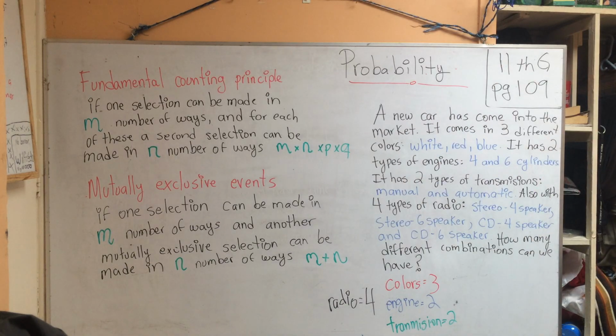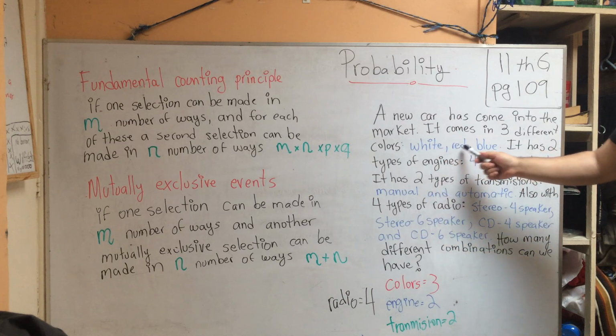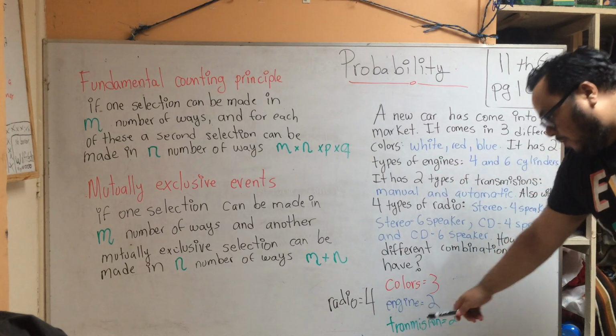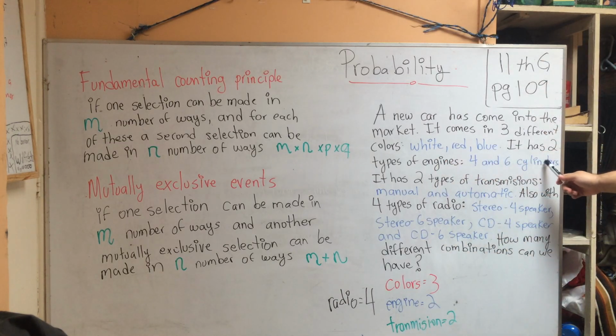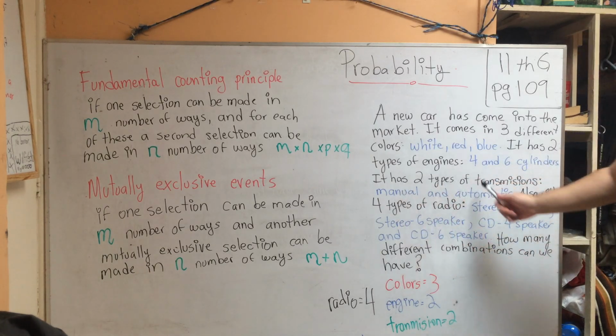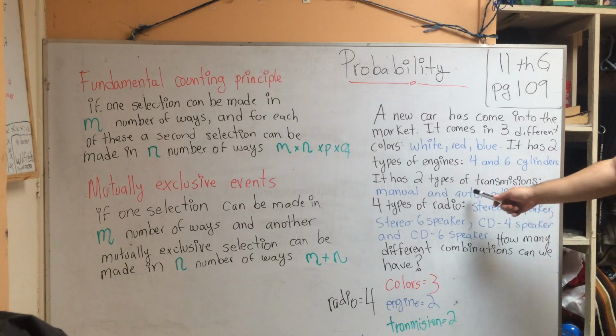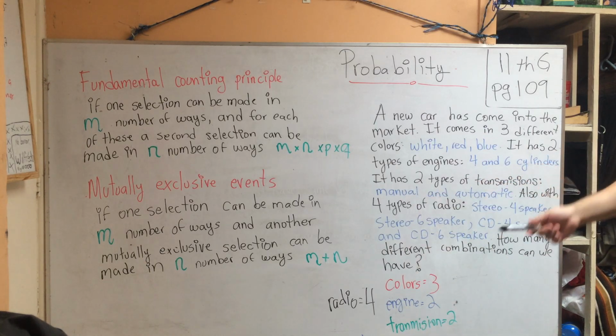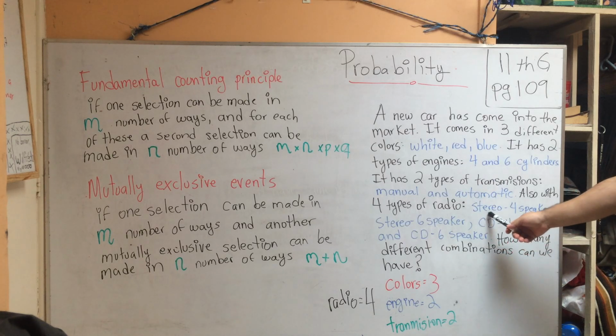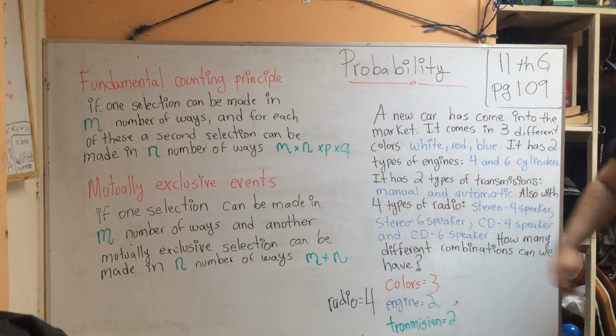4. So we have 3 options for colors, white, red, and blue. We have 2 options for engines, 4-cylinder and 6-cylinder. We have 2 types of transmissions, automatic and manual. And we have 4 different combinations for radio, which would be stereo 4-speaker, stereo 6-speaker, CD 4-speaker, and CD 6-speaker.